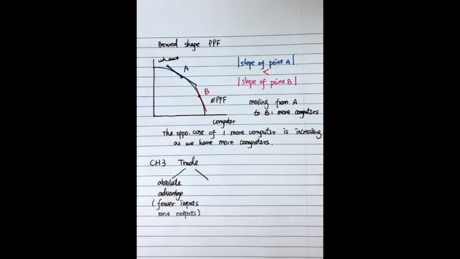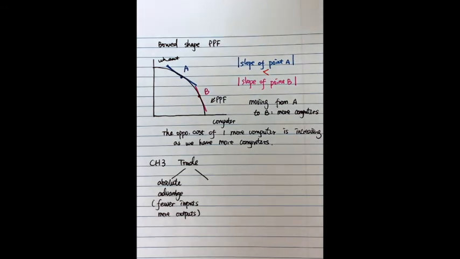For example, our textbook mentioned 2 countries, the US and Japan. The US just needs 100 labor hours to produce 1 computer. However, Japan needs 125 labor hours to produce 1 computer, which means Americans would definitely have absolute advantage in computer production because they can use fewer labor hours, okay?